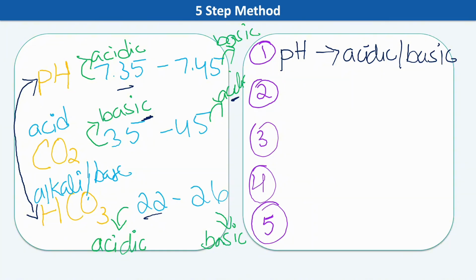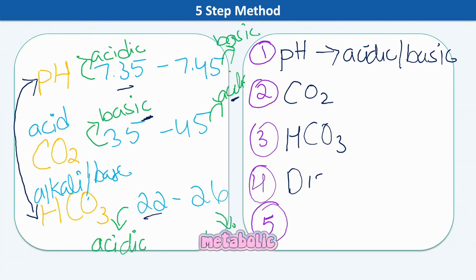Then we check the CO2 level, and then we check the HCO3, our bicarb level. Then we name the disorder. Is it metabolic or respiratory, acidosis or alkalosis? Where is it coming from? And then we will check for compensation.